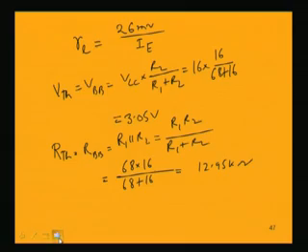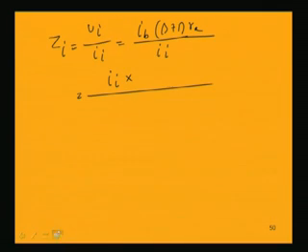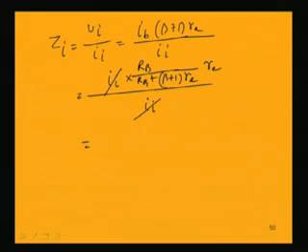So, putting this value, II into RB by RB plus beta plus 1 RE, by II into this small RE will be there.